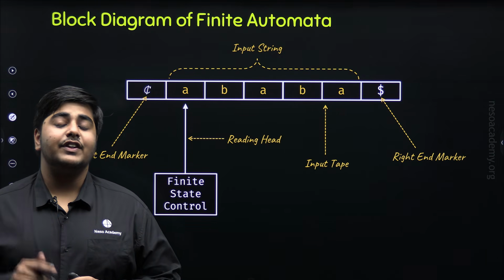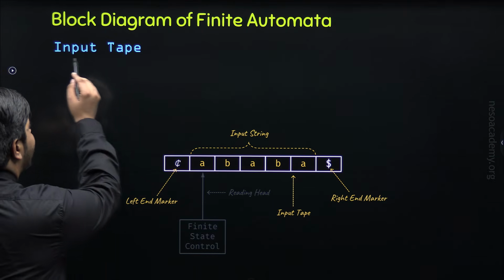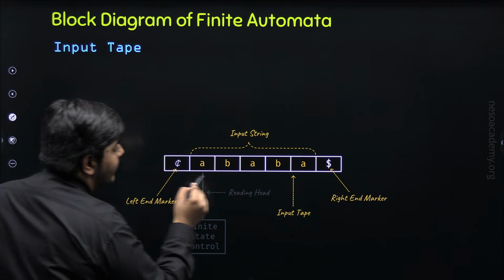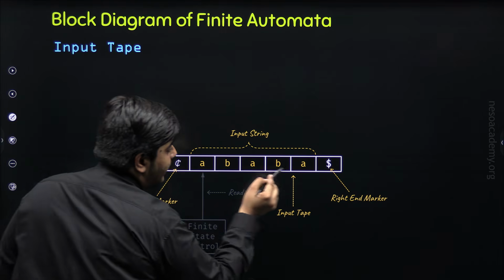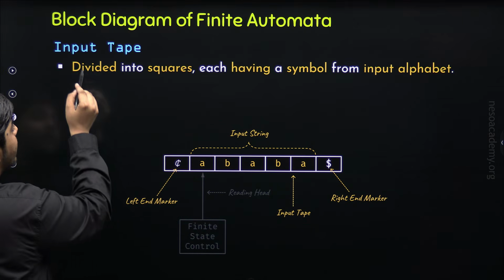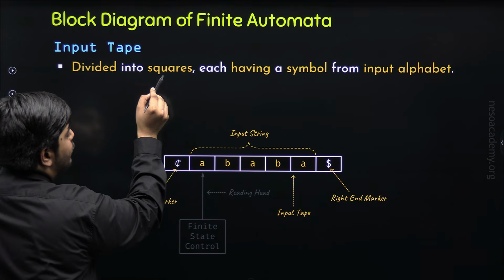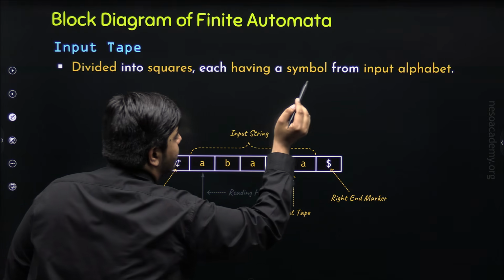So now let's start with the very first component of finite automata, which is input tape. This is the input tape of finite automata, which is containing the input string. Now let's understand this. Input tape is divided into squares, each having a symbol from input alphabet.